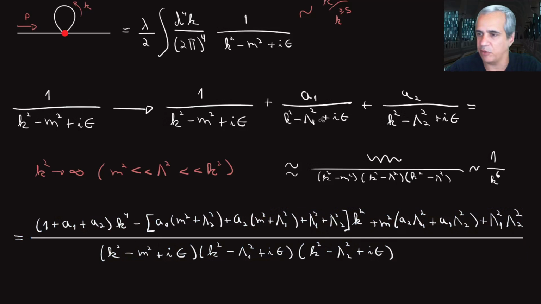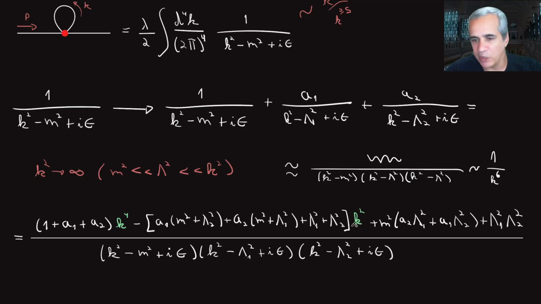This is just the product of the 3 denominators. And in the numerator, what I did is I expanded everything and reorganized in powers of k squared. The reason I did that is that I want to get rid of these powers. This term is fine because it will be something that does not depend on k over k to the 6 in the denominator, but these 2 are not working for me. I don't want more powers of momentum in the numerator.